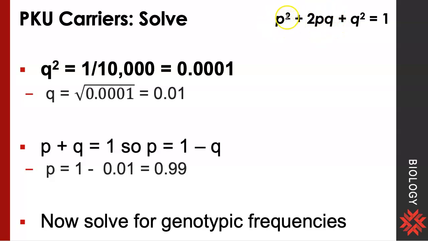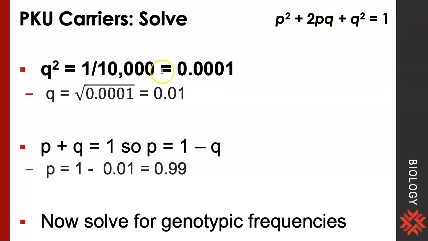We want to figure out this number here, our frequency of homozygous dominance. Well, in order to do that, we need to be able to solve for P and solve for Q. Right now, all we have is Q squared. Well, if we know Q squared, we can solve for Q.